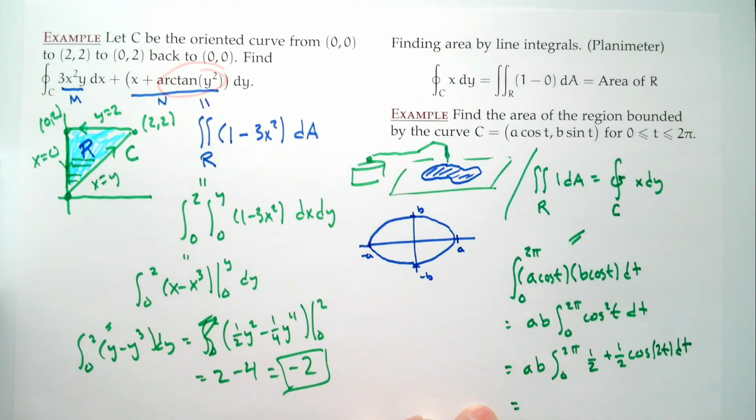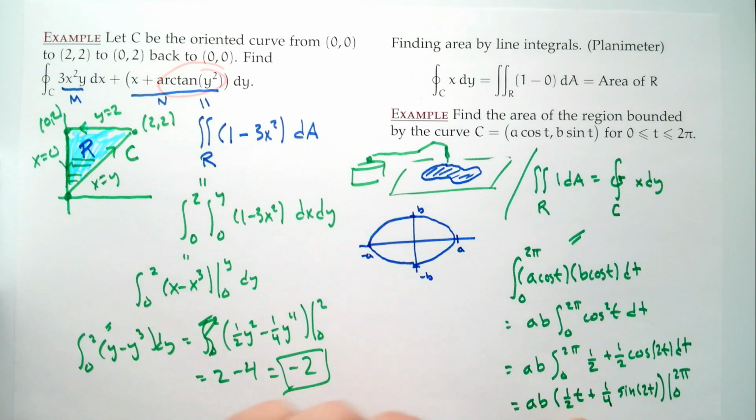So this is, maybe we can squeeze it in, ab times the integral. Well, the integral of a half, that's not bad. That's a half t. What's the integral of 1/2 cosine 2t? 1/4 of sine 2t. And we're going to evaluate from 0 to 2 pi. We'll put the answer over here.